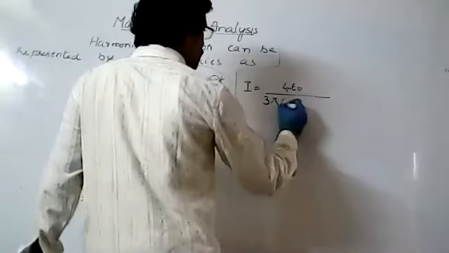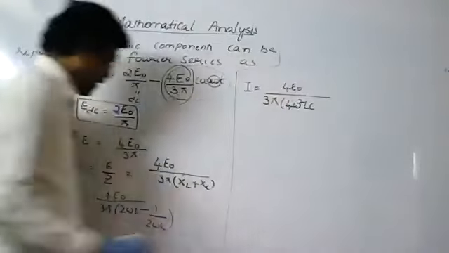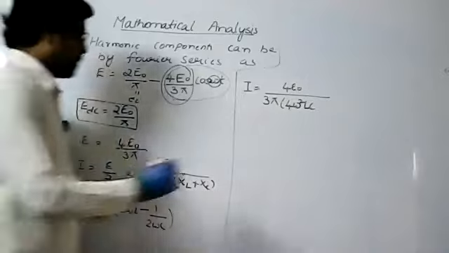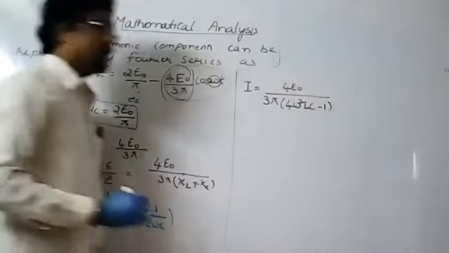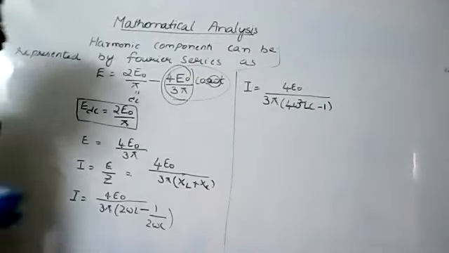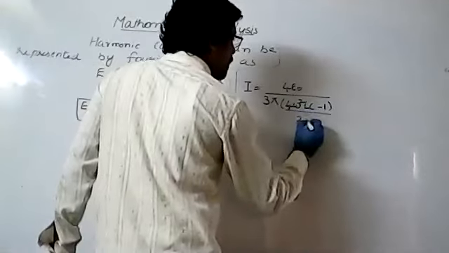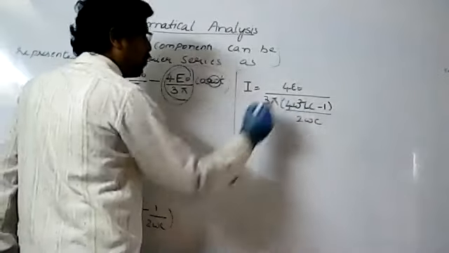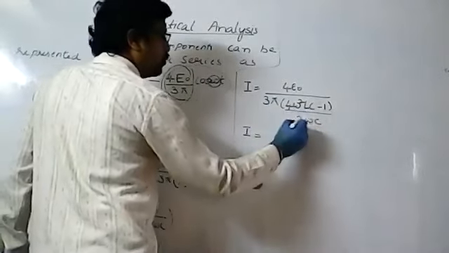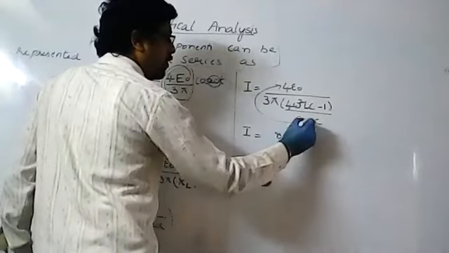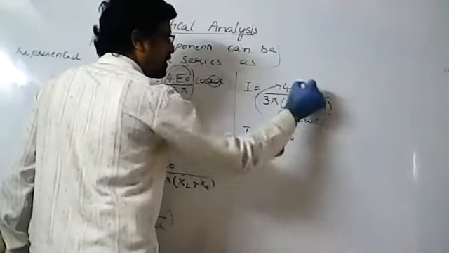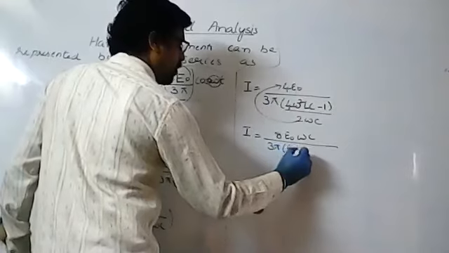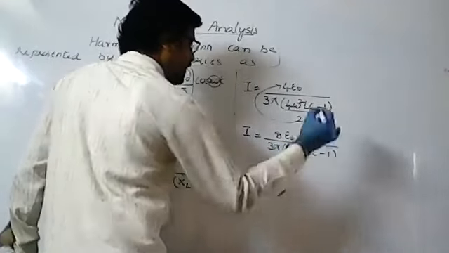So I will get it as 4 omega square LC minus 1 divided by what? 2 omega C. Now this 2 omega C will go to the numerator. 4 into 2, that is 8 E naught omega C divided by 3 pi into 4 omega square LC minus 1.